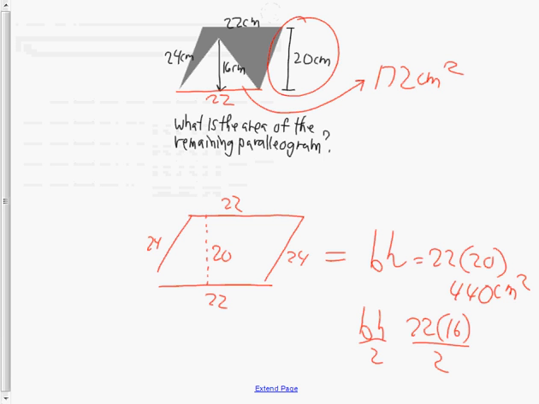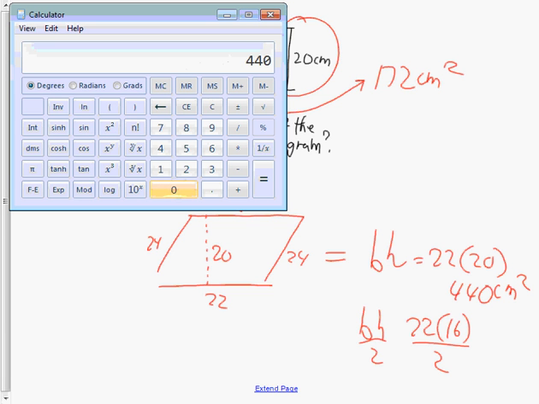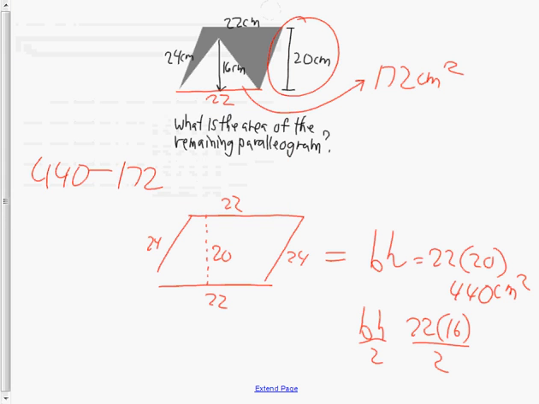So the parallelogram, which is 440, take away the triangle, which is 176. So the area of the remaining gray is 264 centimeters squared.